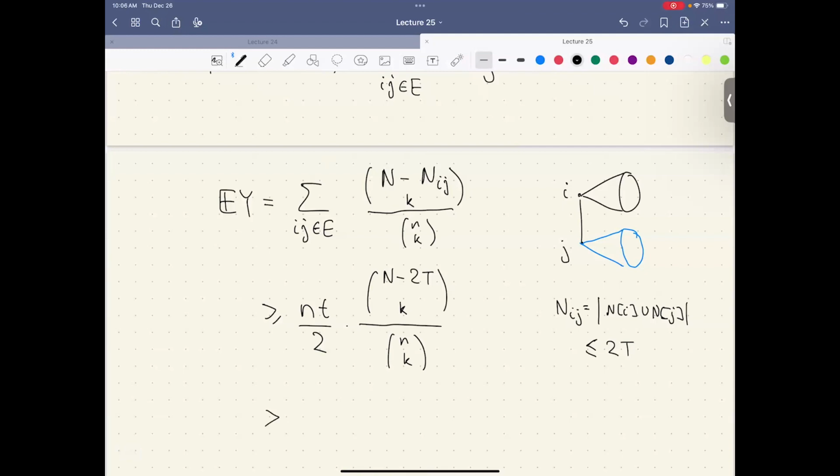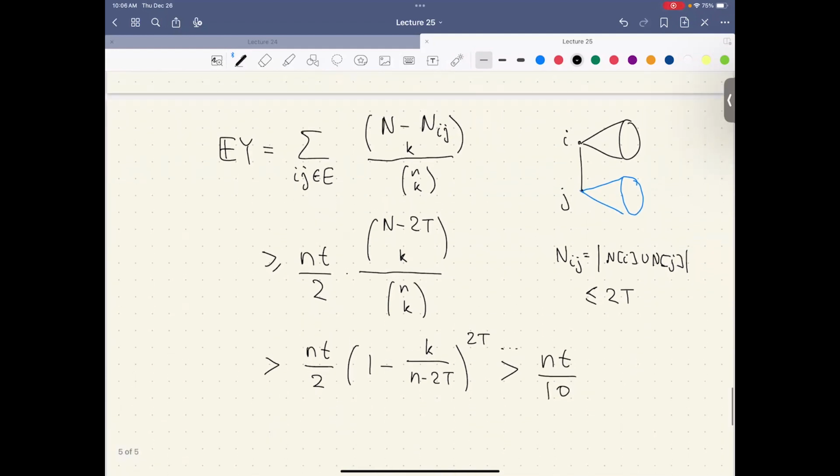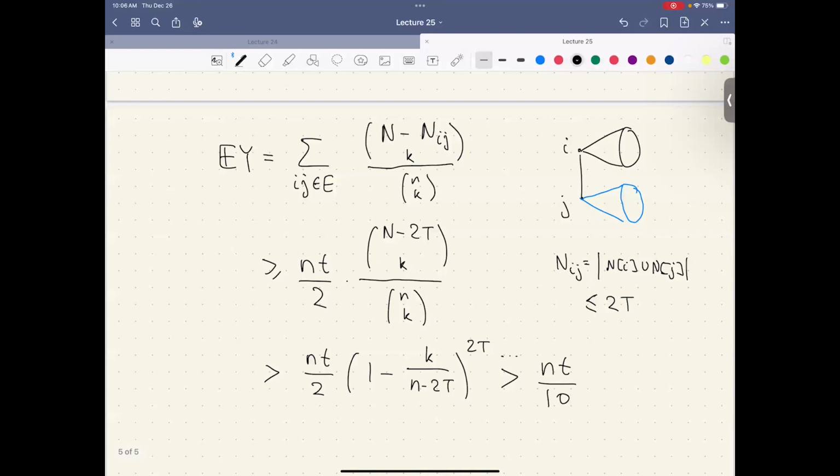This is bigger than nt over 2 times (1 minus little t over m minus 2t) to the 2t, which is bigger, by a similar calculation, than nt over 10. All right, this we can compute.